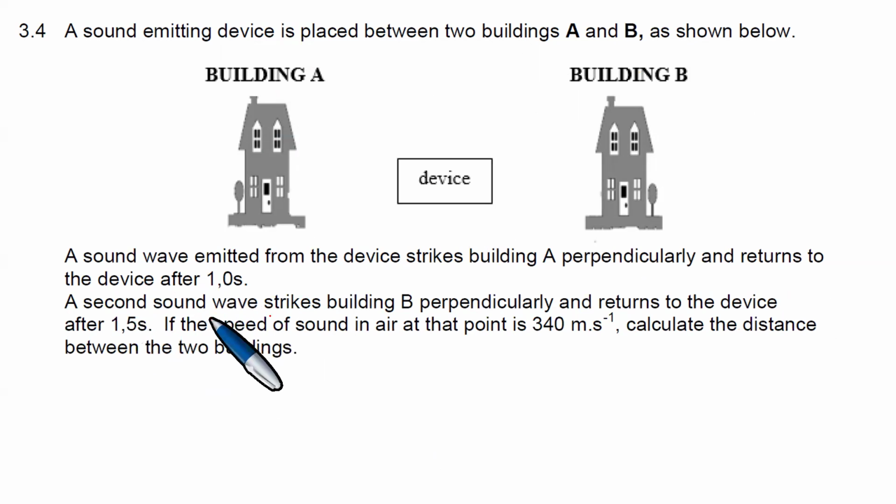A second sound wave strikes building B perpendicularly and returns to the device after 1,5 seconds. If the speed of sound in air at that point is 340 meters per second, calculate the distance between the two buildings.